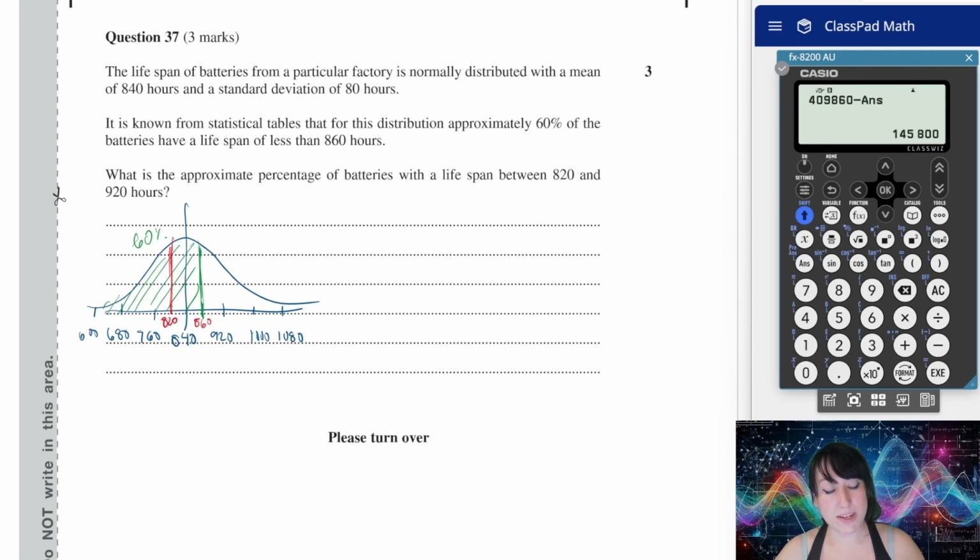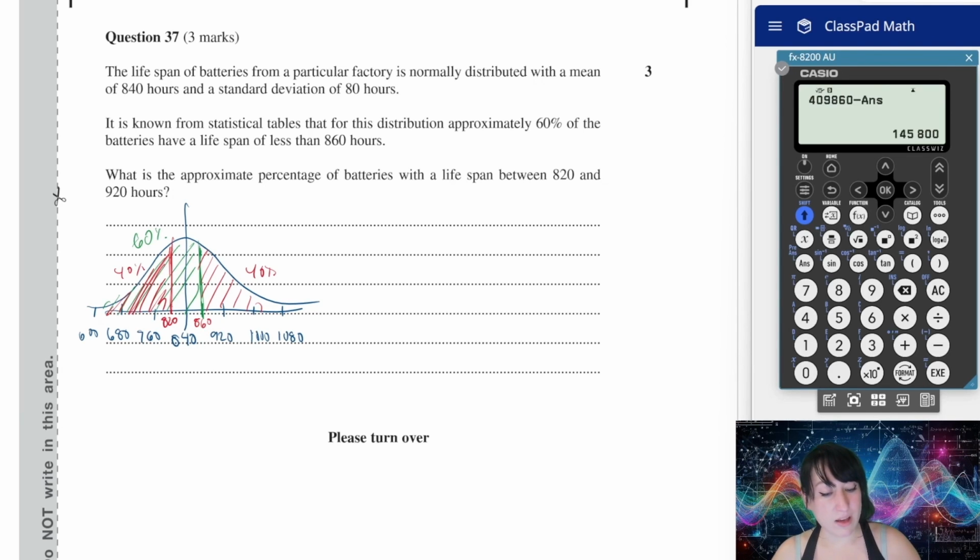So there's different approaches we could take. What I'm going to notice is that with the 860 and below, if that's 60%, then above that is 40%. And so symmetrically then, if it's 40% above 860, it would be 40% below 820.